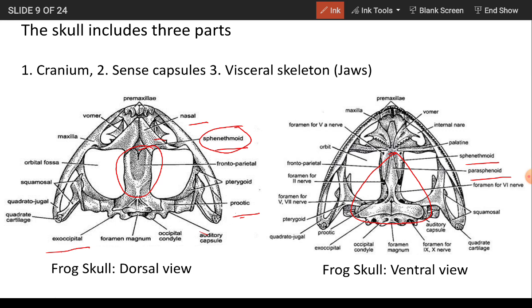The handles of this dagger-shaped structure extend across the auditory capsules. Here you can see the dagger-shaped structure having handles on either side that extend up to the auditory capsules.